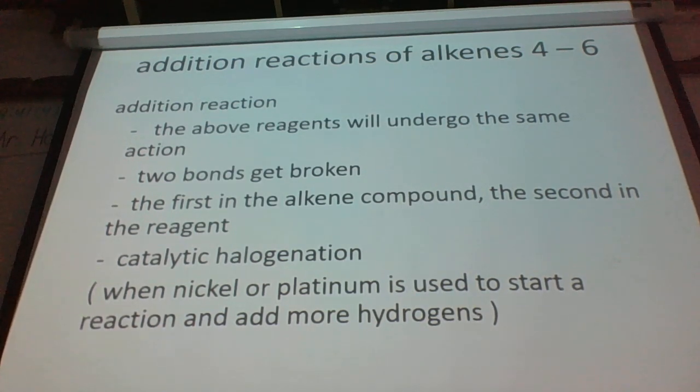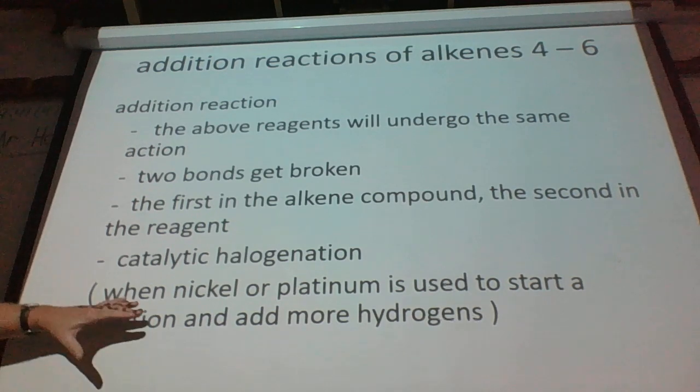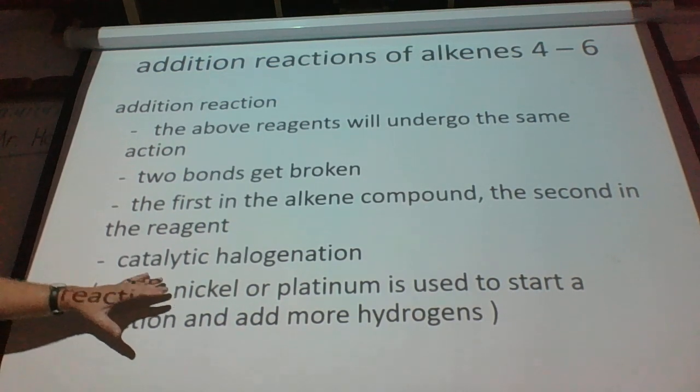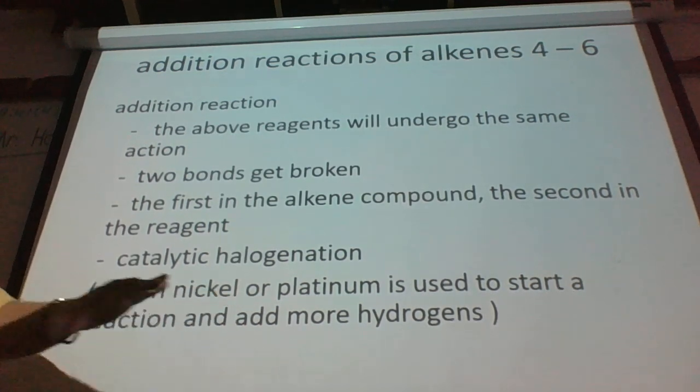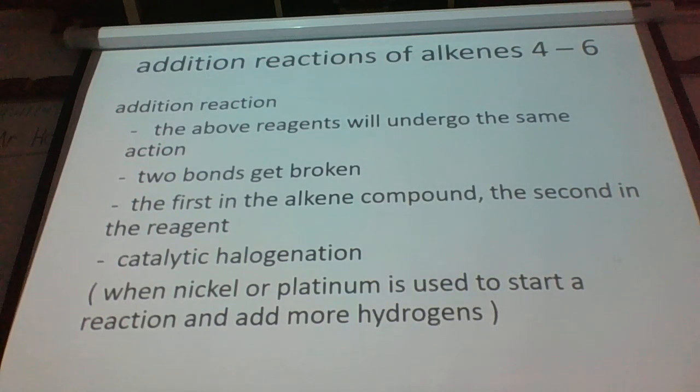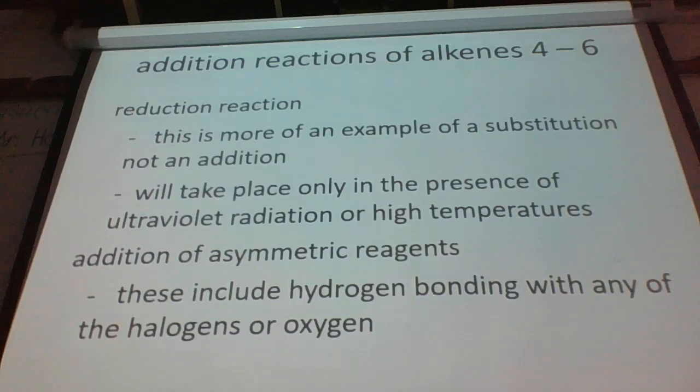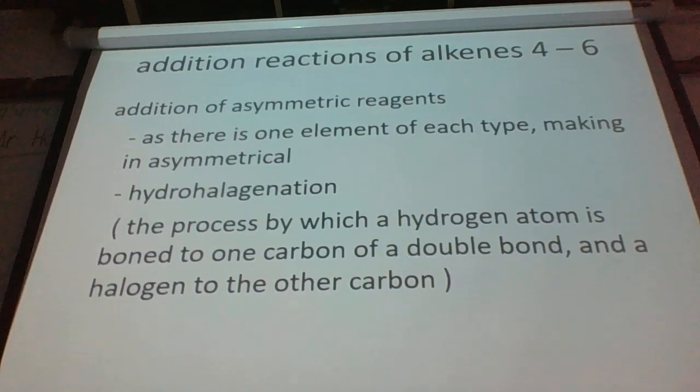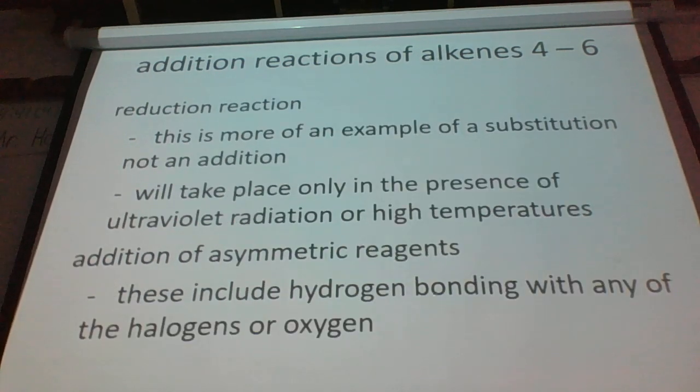So as we look at these, you need a metal catalyst to add more hydrogens. That's the exception to the rule when it comes to these alkenes. Otherwise, those pi bonds are easily broken by any other reagent, and they attach in a specific manner, and that's what these next three slides will be dealing with.